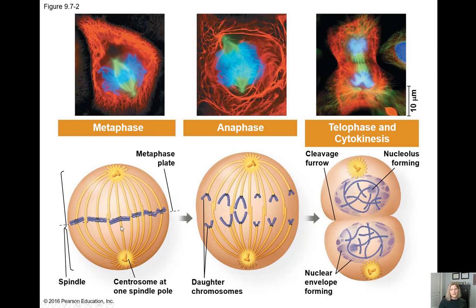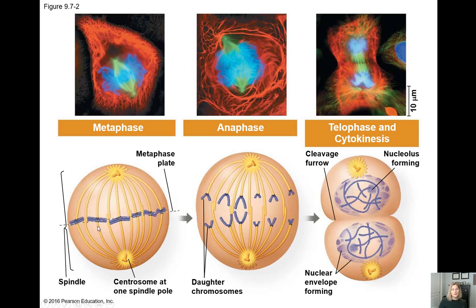And then in anaphase, I like to think away anaphase. So this is where the centromeres dissolve. And now, if the centromeres are dissolving, what happens? They're no longer held together. The sister chromatids are no longer held together.